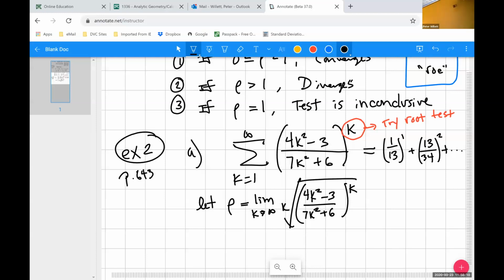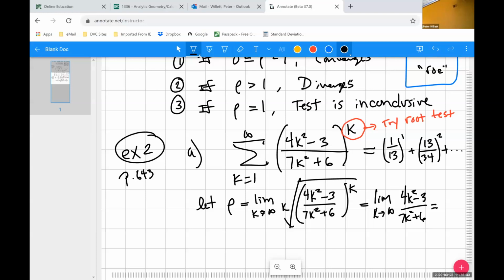And so pretty quickly, the nice thing about this is the root cancels the power. That's why we're applying this test. So I then have the limit as k tends to infinity of 4k squared minus 3 over 7k squared plus 6. That makes the power go away, and that means we have a limit without that power getting in the way.